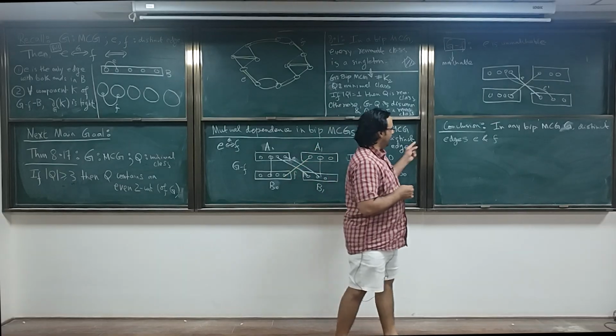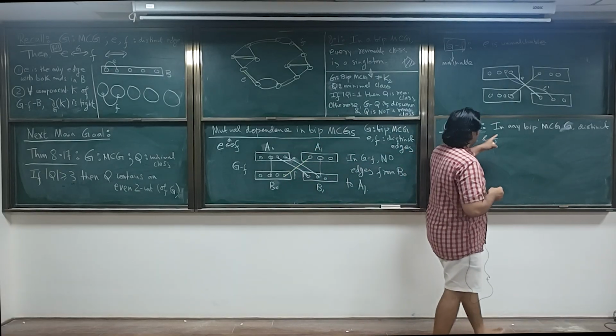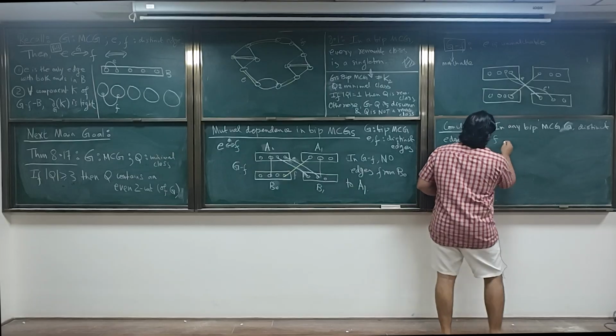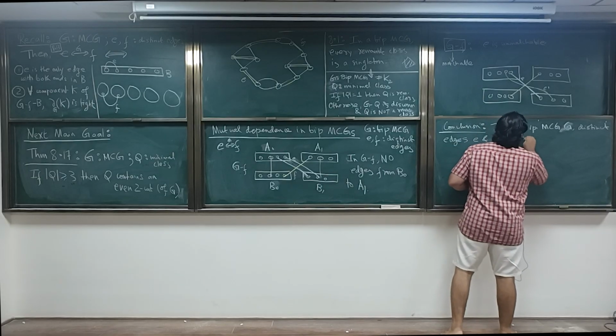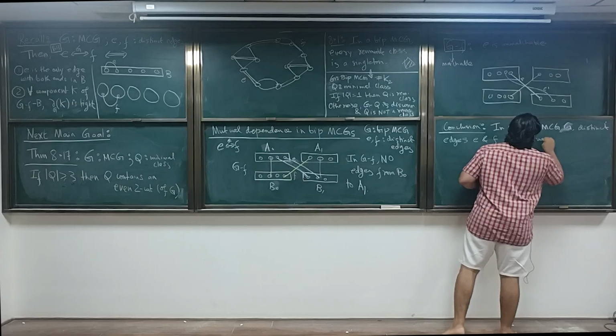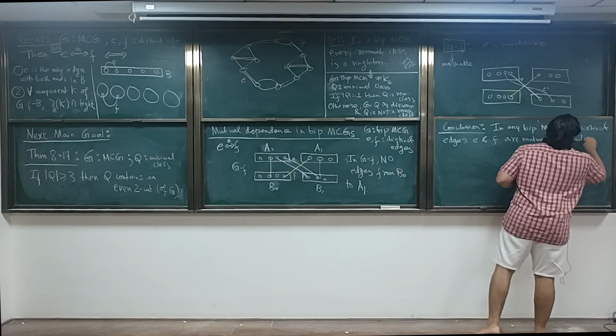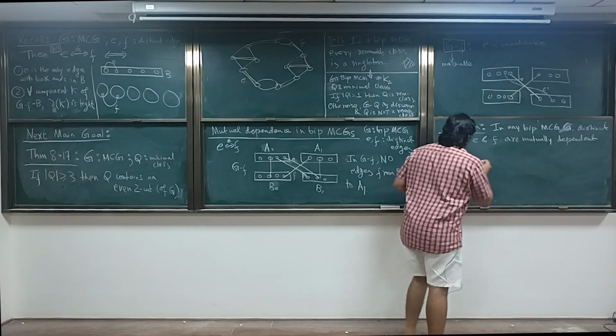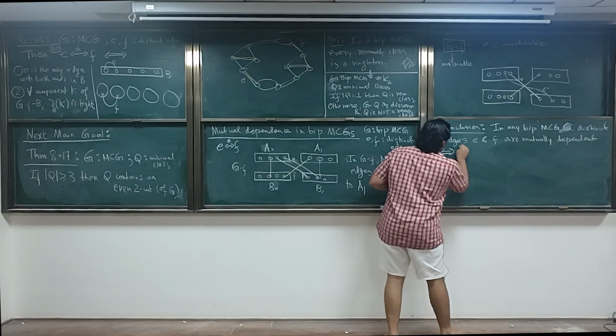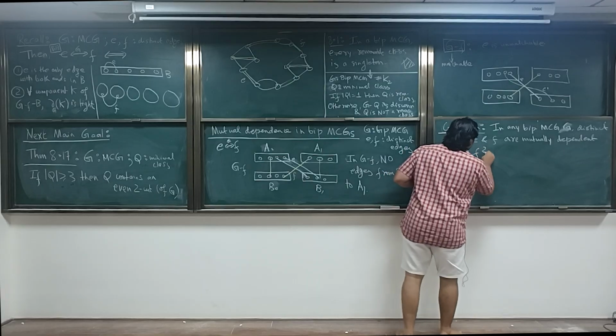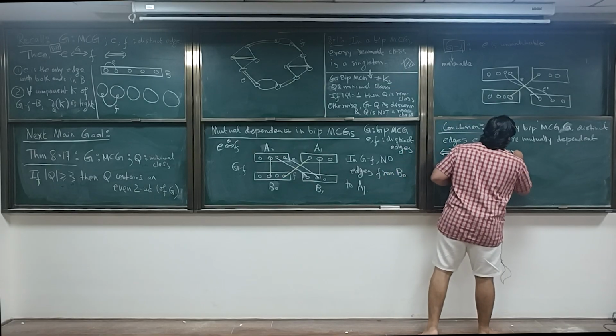Alright, back to where we were. So the conclusion is that in a bipartite matching covered graph, distinct edges E and F are mutually dependent if and only if E, F is an even two cut.